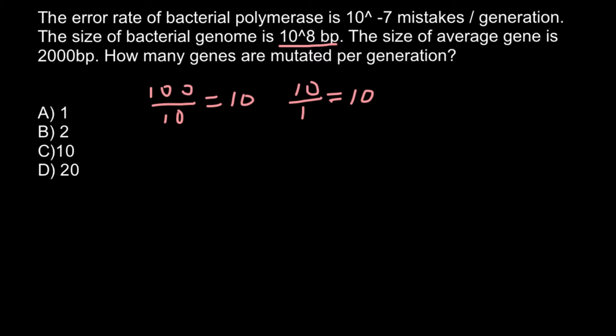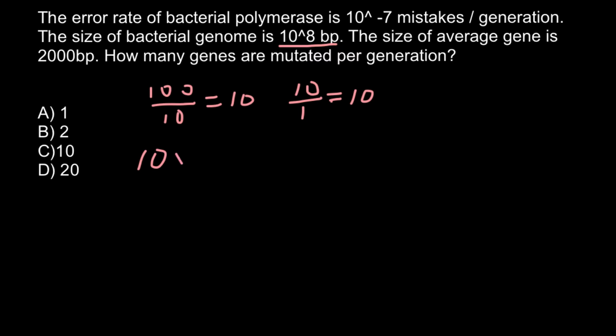I do understand that many of my subscribers choose biology because they don't like math, and sometimes I have to explain even the most obvious and easiest things. So those people who are good with math, please bear with me for a couple of minutes. This basically means that we have to multiply 10 by itself 8 times.